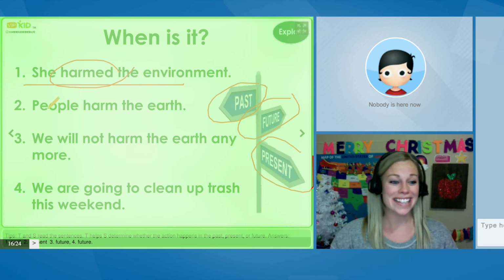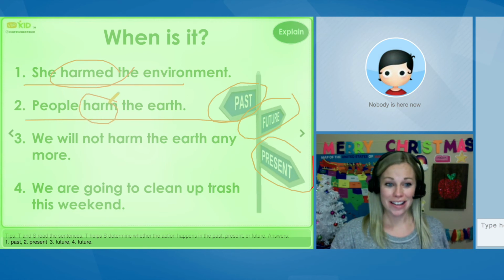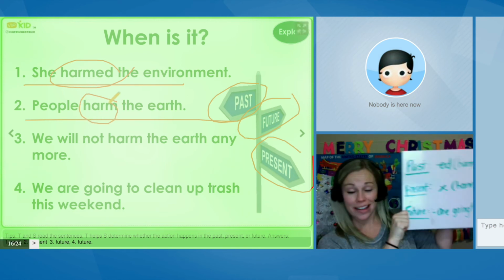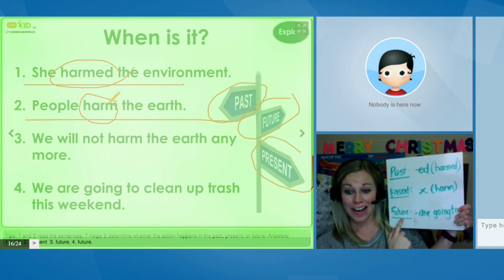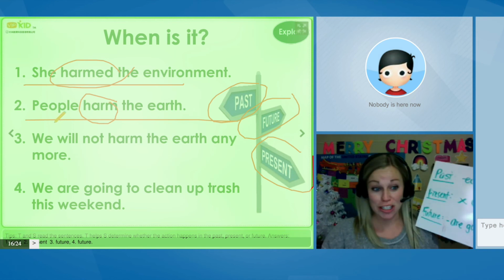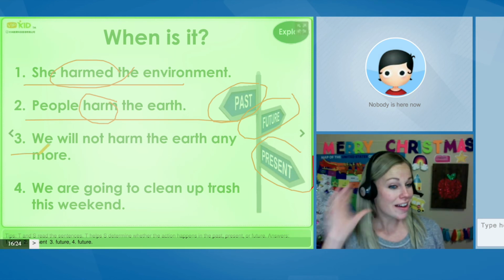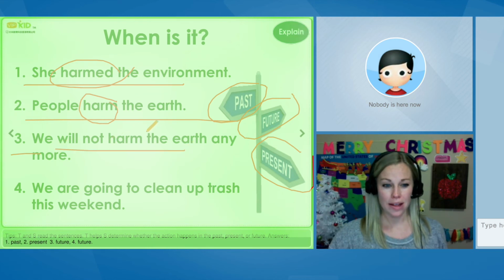Yes! Which one? I circled harm. Good. We have our cheat sheet here. This is a tough one. Will not harm. Harm.